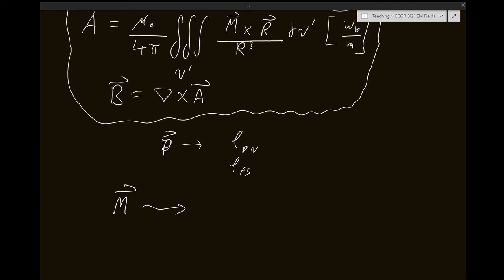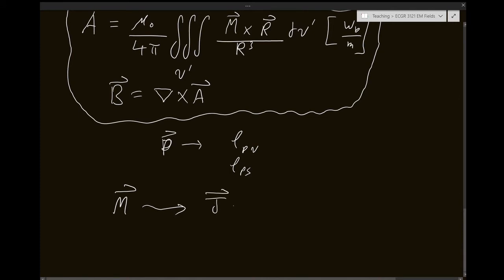We should expect M to give rise to bound magnetization current distributions, right? A volume current distribution, let's call it J_M, and surface currents on the boundary of the surface.